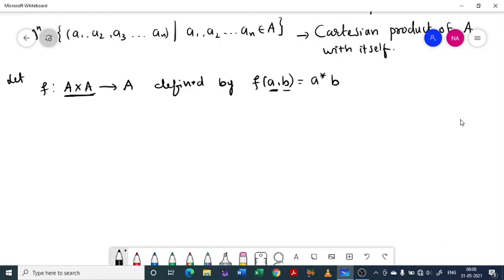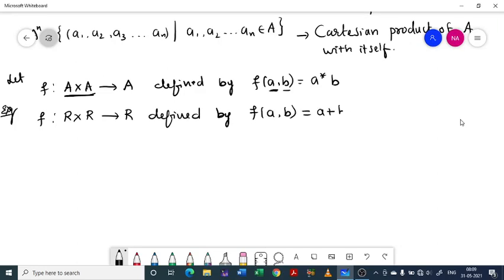What are such examples? I am taking f from R, the set of all real numbers, R cross R to R, defined by f(a, b) equal to a plus b. Definitely it is a binary operation. See, the image of (2, 3) will be: this is the product set.